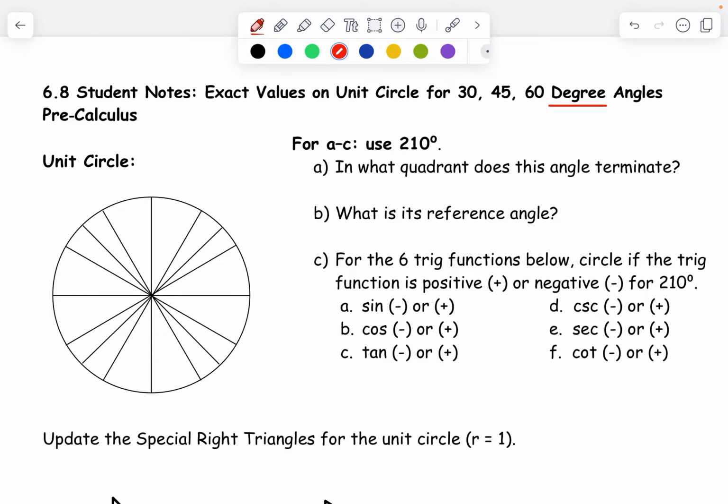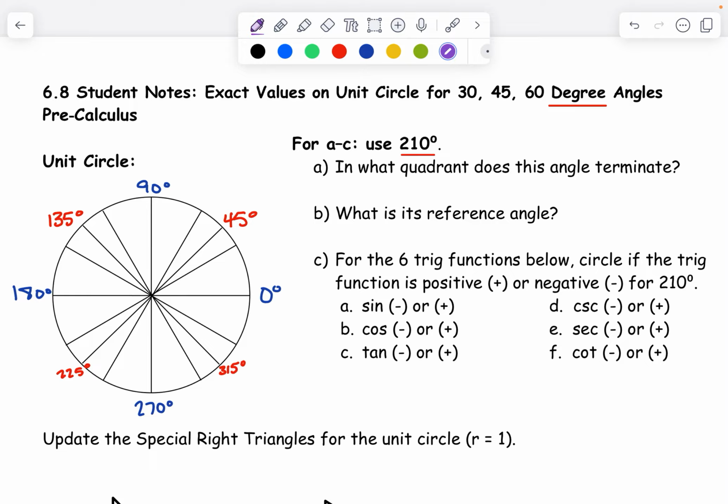So for this first part, A through C, it says to use the angle 210 degrees. And we've got a little unit circle out here, so it's always helpful to go ahead and start with labeling it. 0, 90, 180, 270. Those are kind of our easy ones to start with. And then if you go halfway between, we've got our 45, 135, 225, 315.